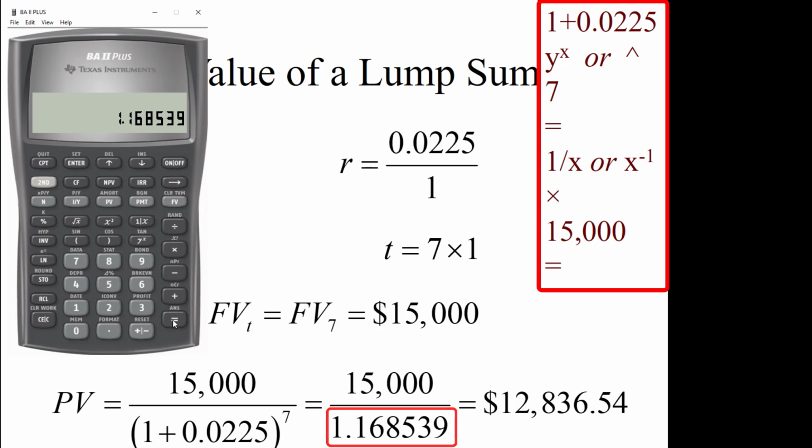And so what we need to do is use our reciprocal function, our 1 divided by x, or x to the minus 1 button. So here we would hit 1 over x, and that gives us a value of 0.855769. And if we multiply that by 15,000, we get our value of $12,836 and about 54 cents.